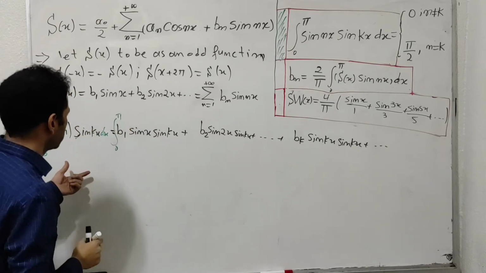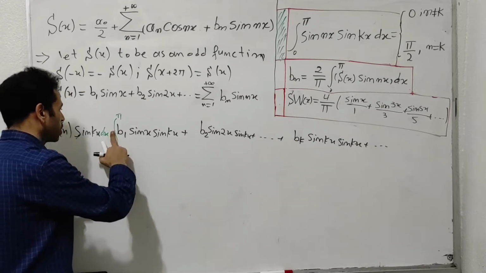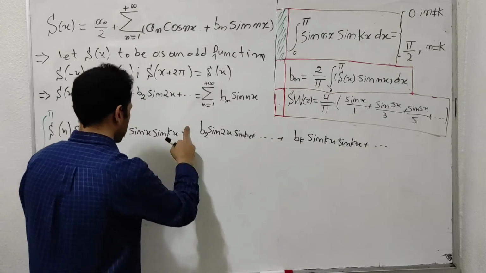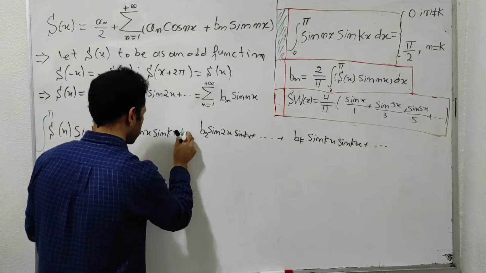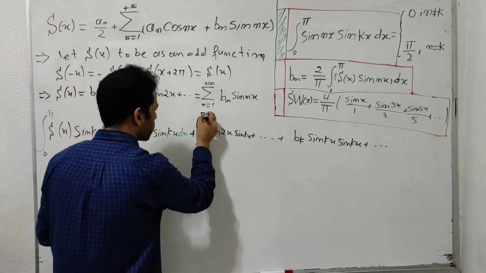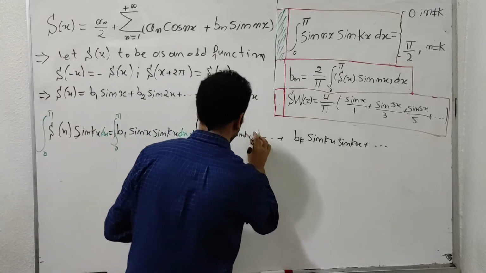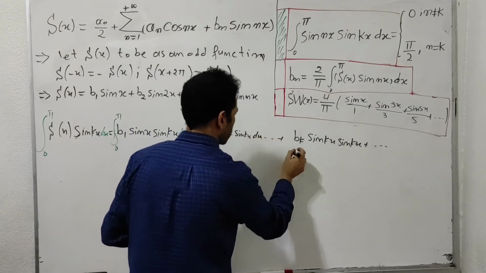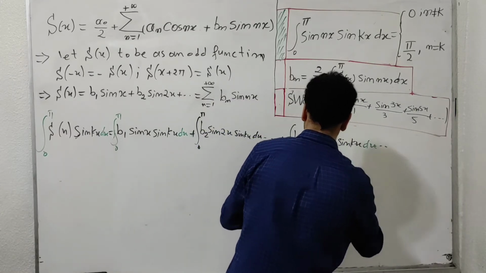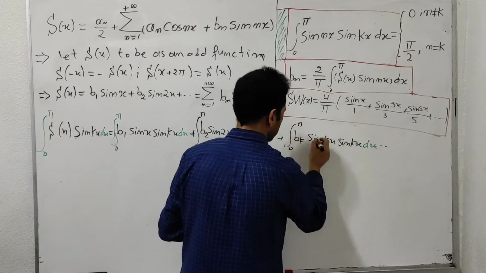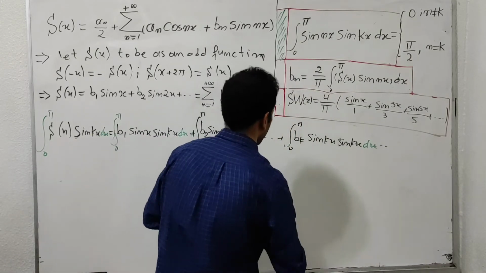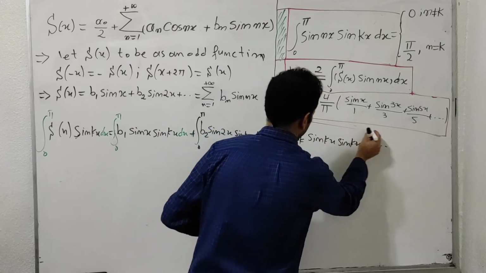As I'm integrating on the left hand side, I will integrate on the right hand side as well. So I will have dx here plus, from 0 to pi, dx. Finally I will have this integral as x goes from 0 to pi, dx. I will highlight this one with a red color.